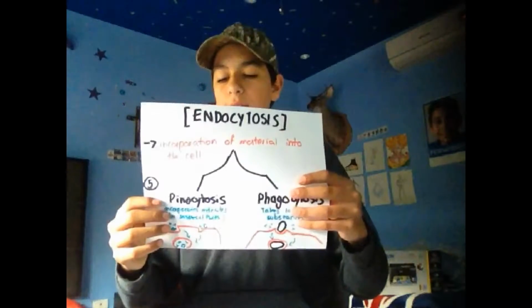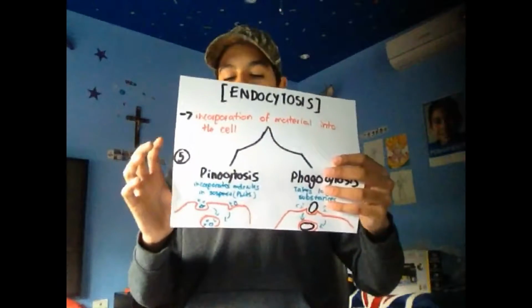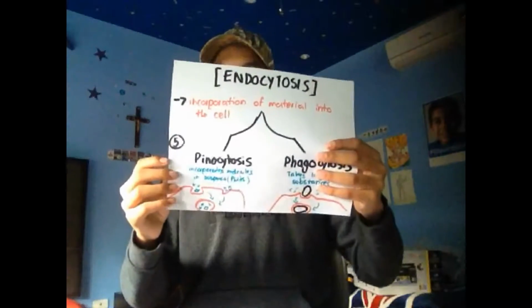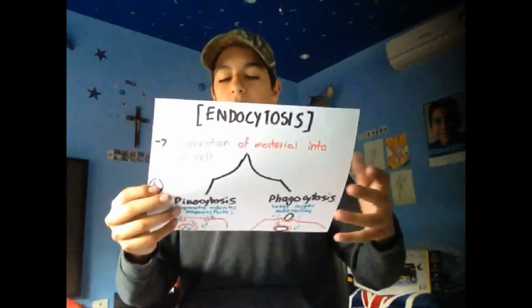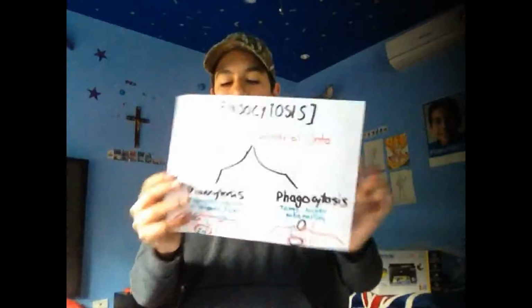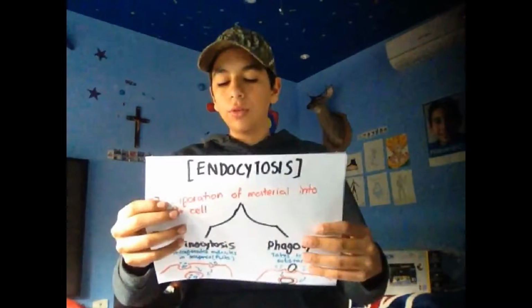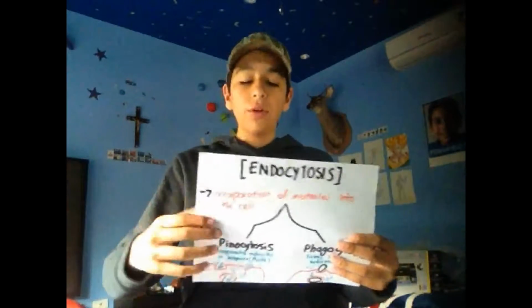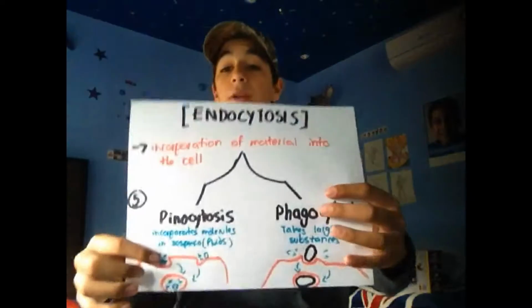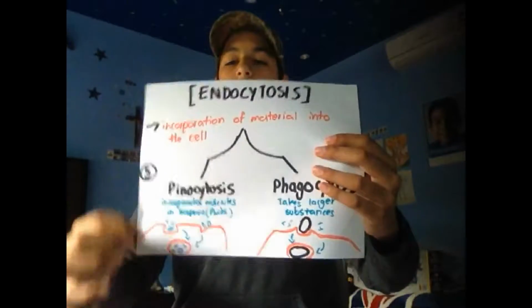Pinocytosis means the incorporation of suspended fluids like water, or also solids dissolved in liquids. And in this image we can see how the liquid goes into the cell.